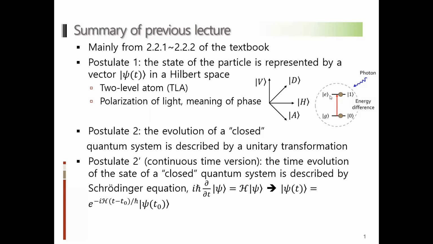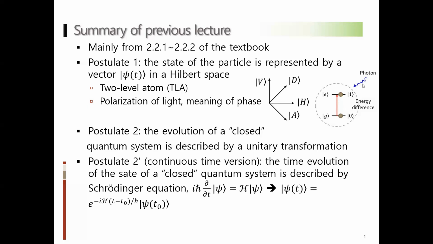So in that case, you can just ignore all the other multiple levels with higher energy. To control the quantum state of the electron in the atom, we use the electromagnetic field, which sometimes exists in the form of photons, or sometimes in the form of microwaves.